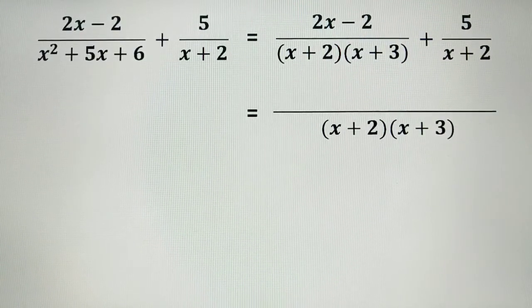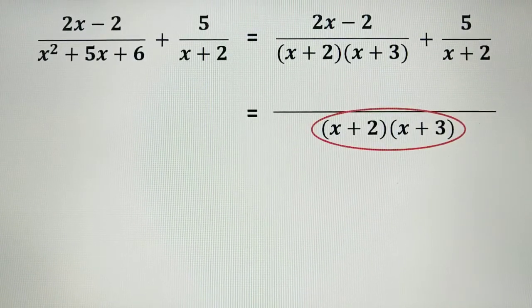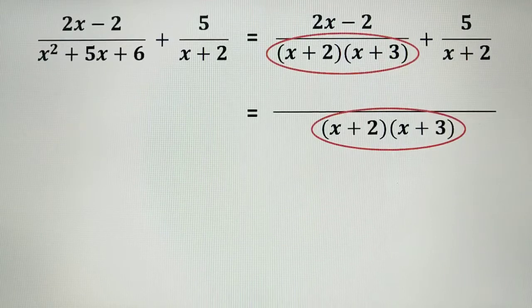Then we will find the new numerators, and that is by dividing x plus 2 times x plus 3, our LCD, by the denominator x plus 2 times x plus 3. The answer is 1. Then we will multiply it to the numerator 2x minus 2.